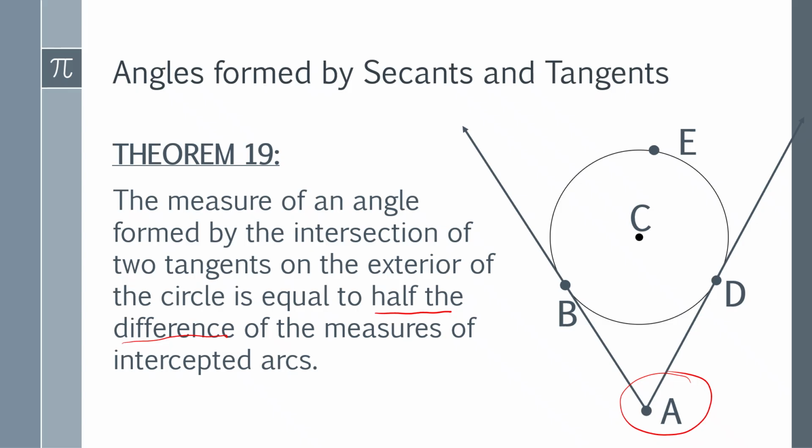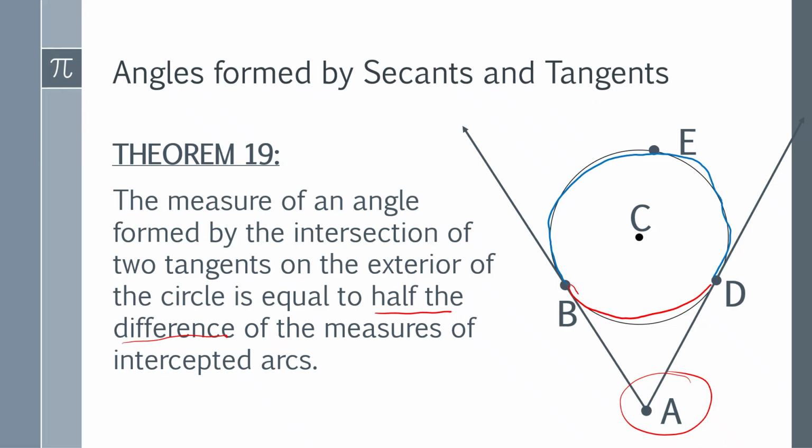Meaning to say, we have here angle BAD. So let us consider angle BAD and identify the two intercepted arcs. One of the intercepted arcs here is arc BD, and the other intercepted arc is arc BED, the major arc BED.